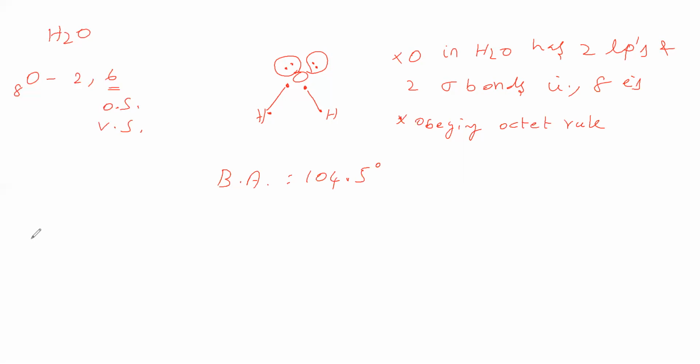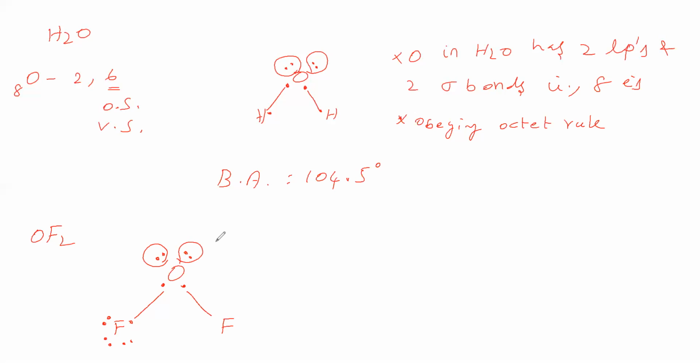Then we will take the OF2 molecule. The oxygen valence shell has 6 electrons, therefore we will write 6 dots. Fluorine valence shell is having 7 electrons, therefore we will write 7 dots for fluorine. These two electrons make a bond, and here also a bond is formed, therefore it is a lone pair.